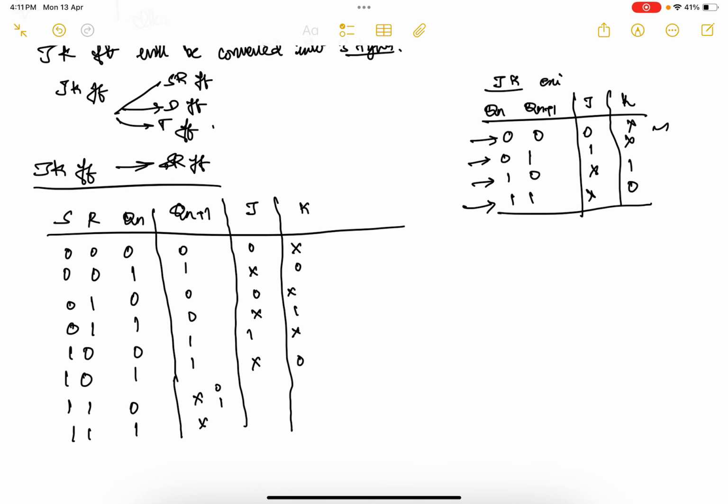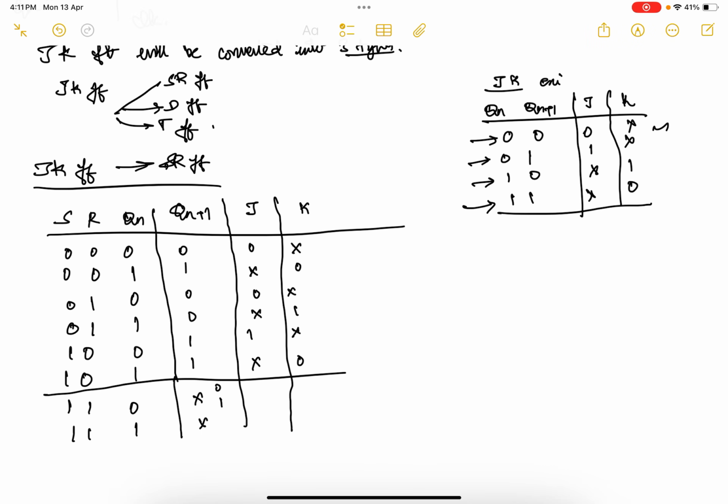So we are not going to bother about the next two states. We will only focus on the first part of the terminals for the SR flip-flop. Now it is going to stop at this point.